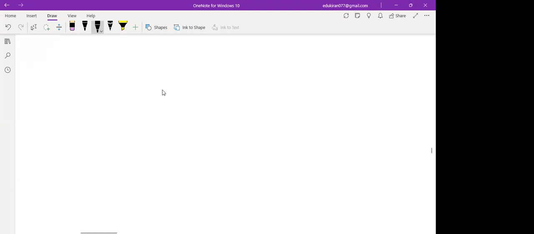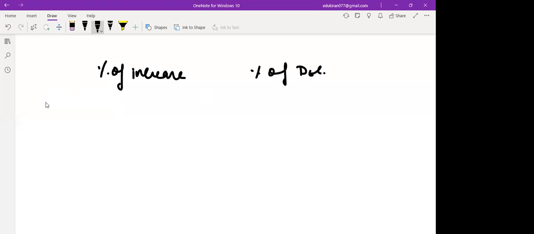Just forget about this, I'm doing it here. Have a look. You have to find percentage of increase and percentage of decrease. For example, this is one person, Soman. He scored 3 marks in Hindi in January and 6 marks in February.